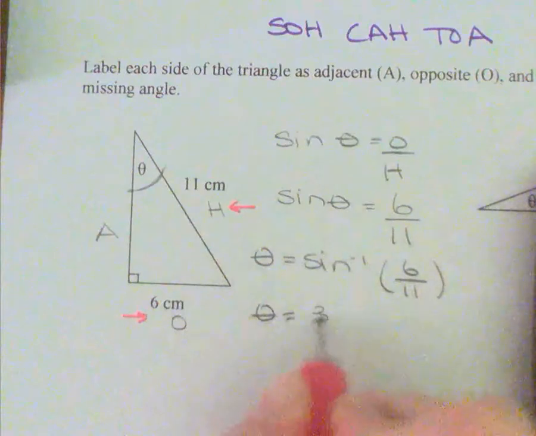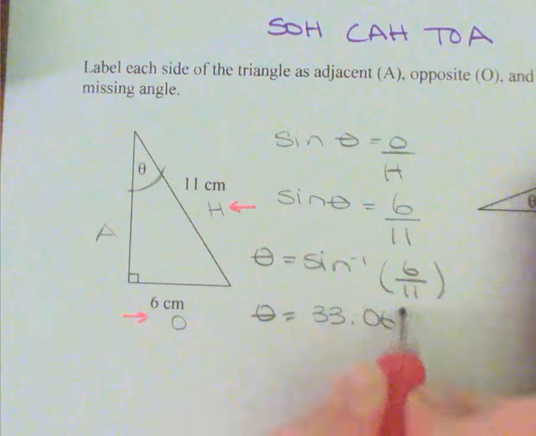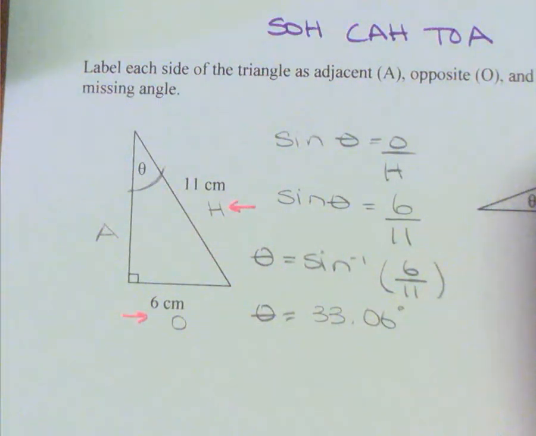So I have 33.06 degrees. Again, if your calculator works backwards, you're going to do 6 divided by 11, and you may have to hit equals, and then do sine inverse equals. You'll have to play around and see how your calculator works.